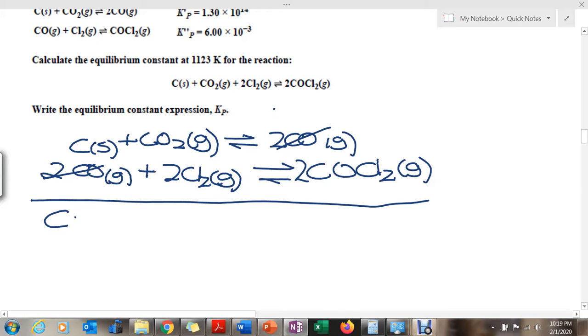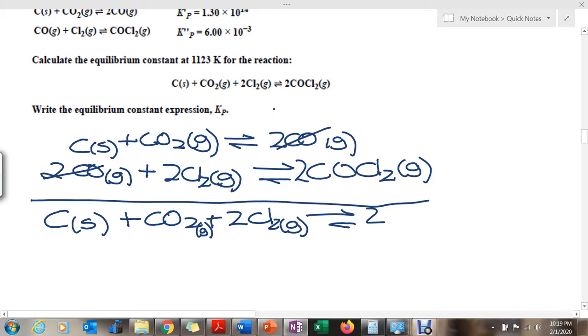So we get C plus CO2 plus 2 Cl2 gas gives me 2 COCl2 gas.